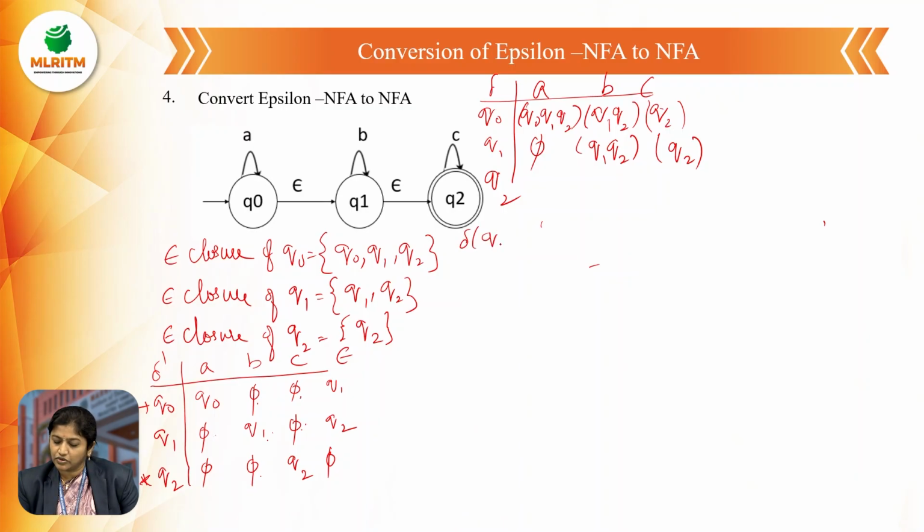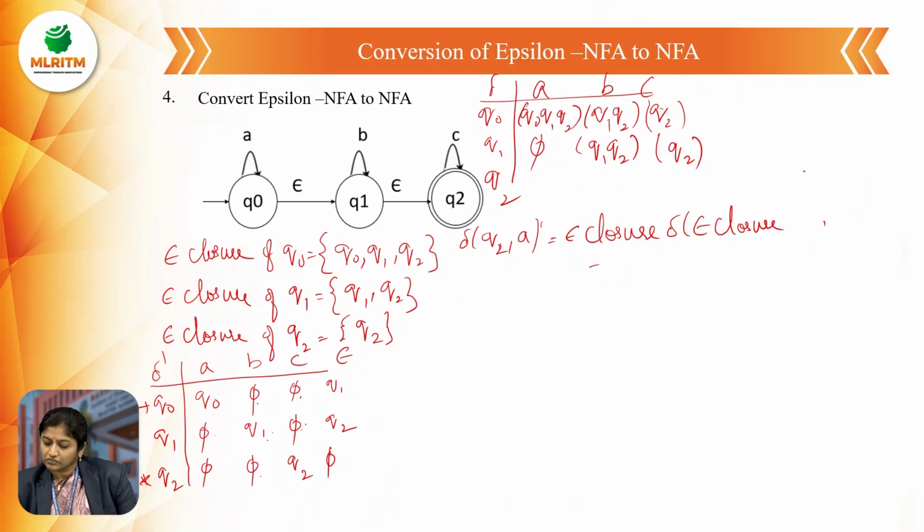Delta of q2 on A. Transition, that is epsilon closure of delta of epsilon closure of q2 on A. Epsilon closure of q2 is what first? q2 only.